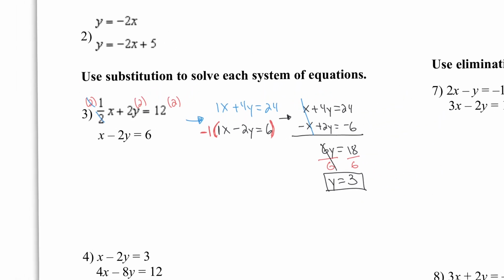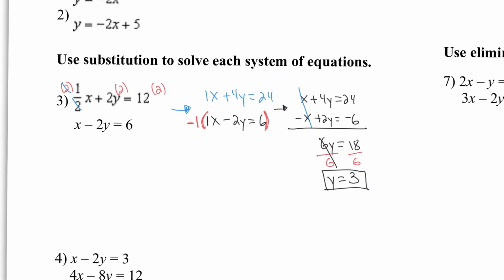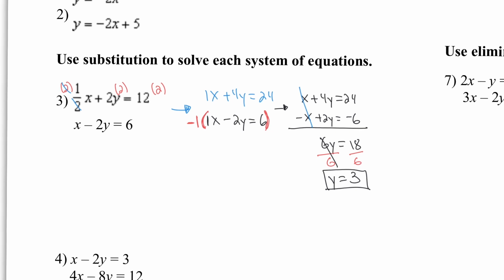So to find the x, you guys are going to substitute. Doesn't matter what equation you guys substitute, but you guys go back to one of the equations. Do not use the one with the fraction, guys. Okay, that's going to make it a little bit challenging. So you guys can use the one with no fraction, and you guys substitute the value of y into the y. So I'm going to do that on the side. I'm going to substitute right here.